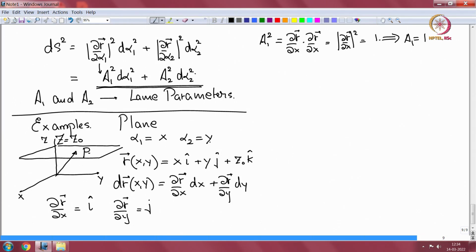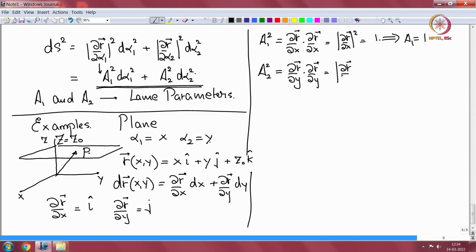Similarly, what is a2 squared? That is equal to del r by del y dotted with del r by del y, which is the magnitude of del r by del y squared, which is also 1, implying a2 is also equal to 1.